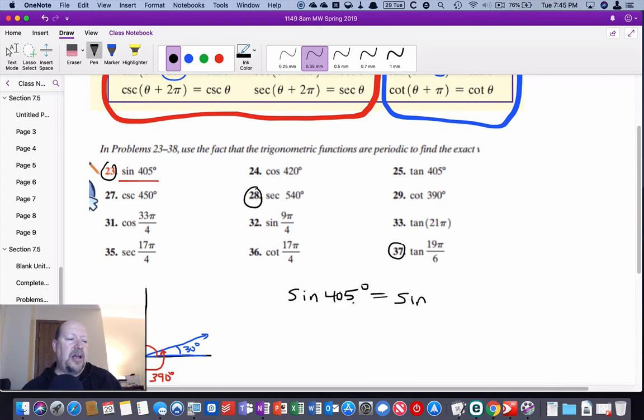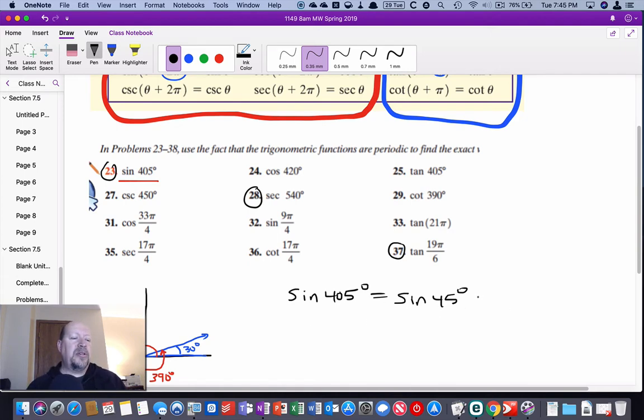So this would be the sine of 405 minus 360, which is 45. I subtracted off one period of the sine function. So I know that 405 degrees and 45 degrees are coterminal, and therefore they have the same trig function value.